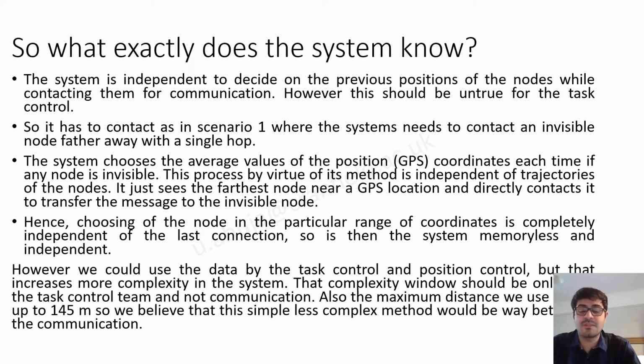For our system, which I designed, we needed a maximum range of 145 meters. But this system can also work for about 1 or 2 kilometers, and can be expanded up to 7 kilometers if the number of hops and the communication protocol between them is on Wi-Fi systems only.